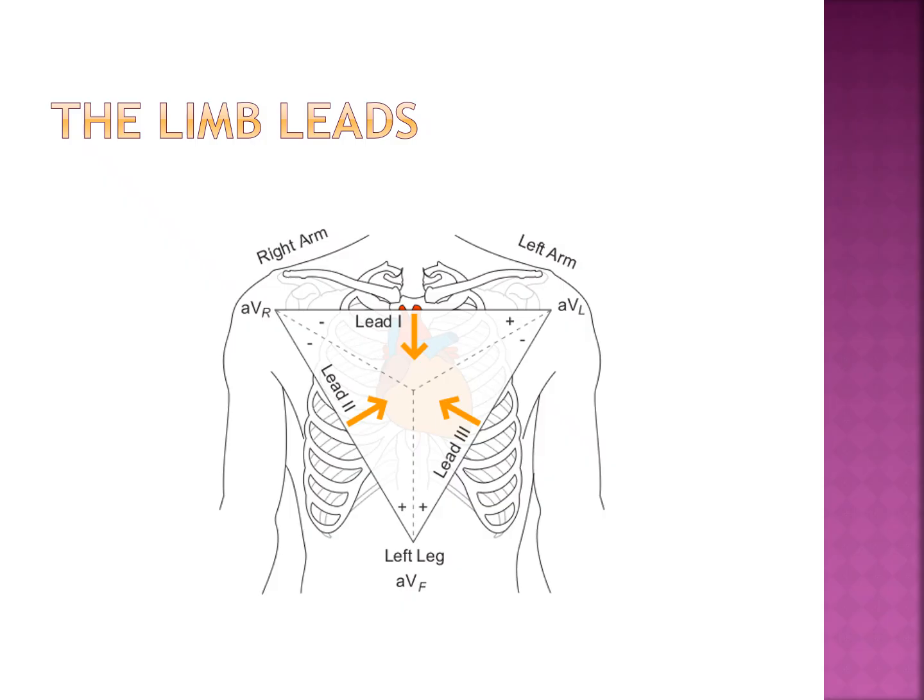So lead 1 goes from a negative lead to a positive lead. If it's going from a negative lead to a positive lead, we put our camera at the positive lead. We know that electricity is flowing in this direction, and so we know that we should have a positive deflection on our QRS complex.